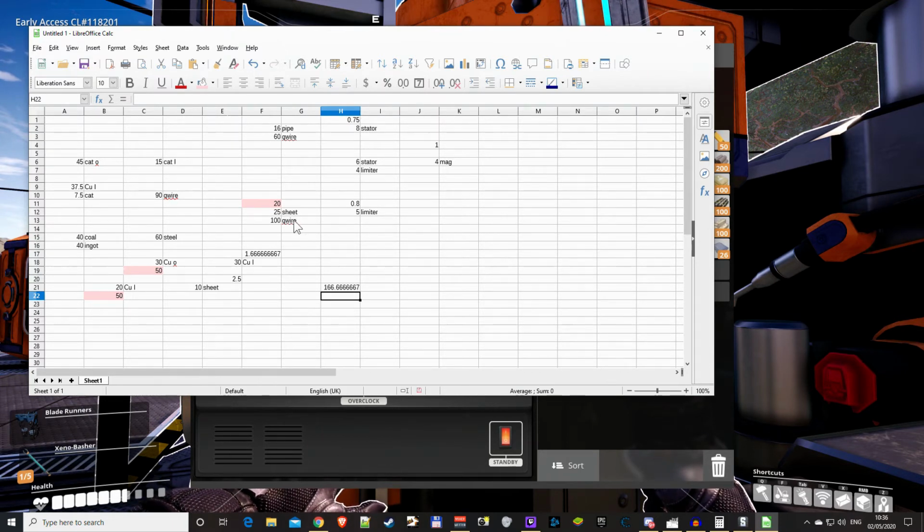And then also, well, so yeah, see, this branch consumes copper. This one consumes copper directly, and this one consumes copper through the quick wire recipe. So to fulfill only the limiter, only the sheets required to make the limiter, you know, 4 limiters, you need 166.